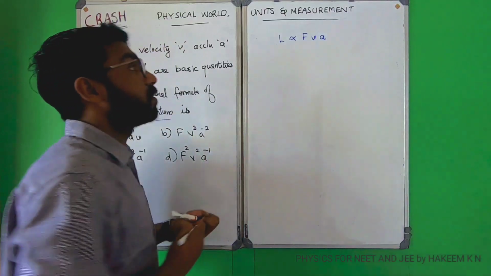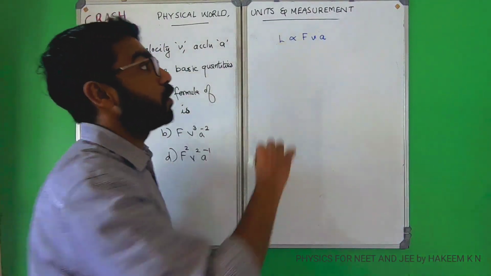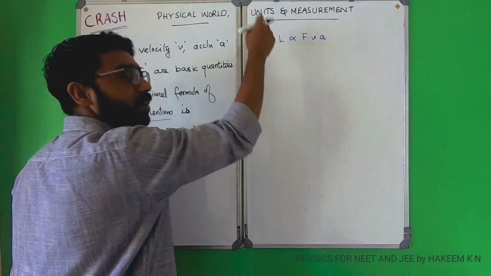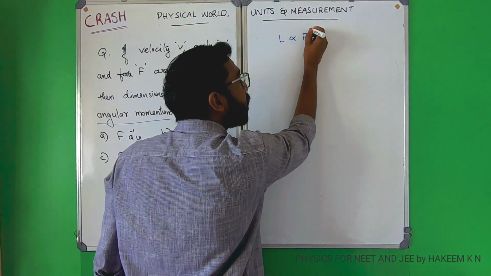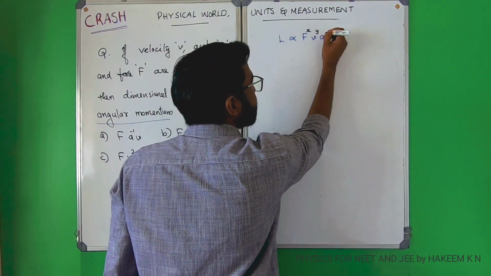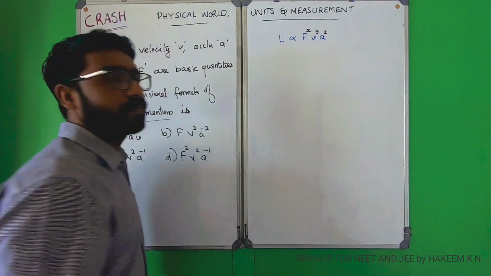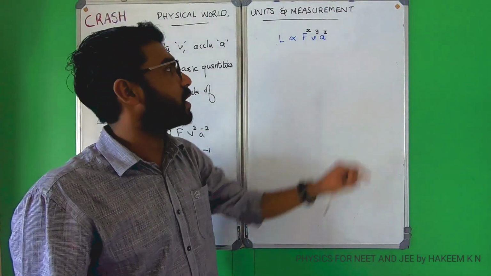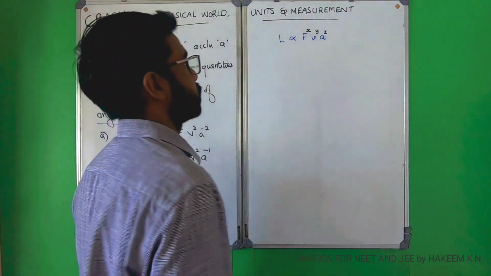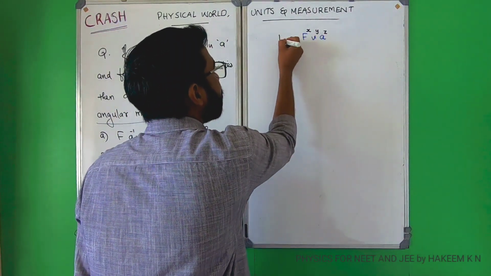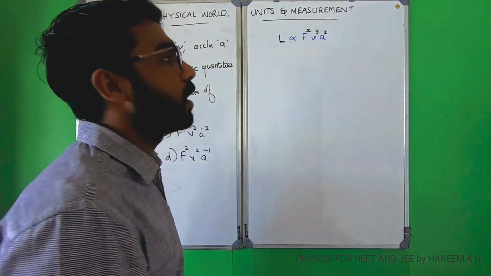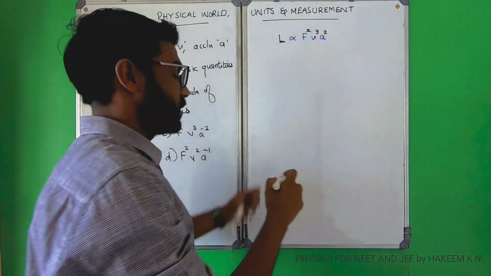But we can't write this directly because we don't know how much force is affecting angular momentum. So we have to write F power x, velocity power y and acceleration power z. And this x, y, z we have to calculate, and that will be the right answer. So angular momentum L is proportional to F^x v^y a^z.